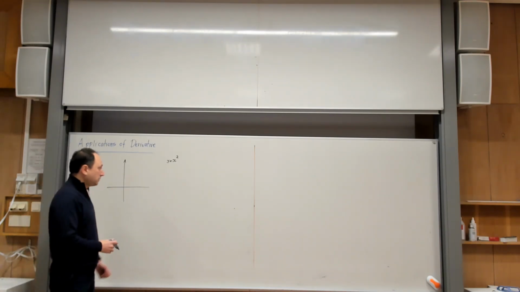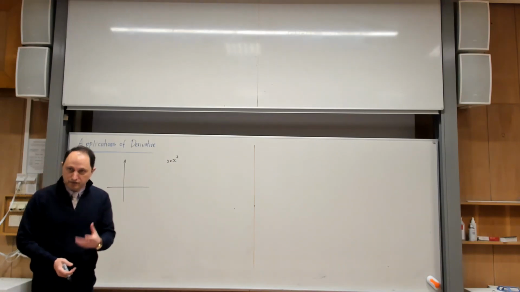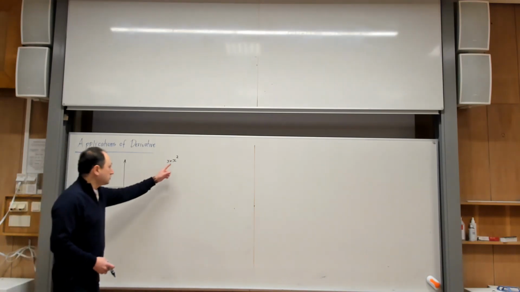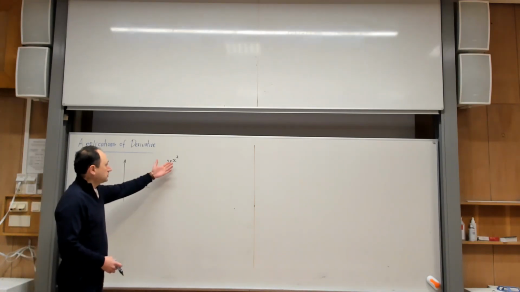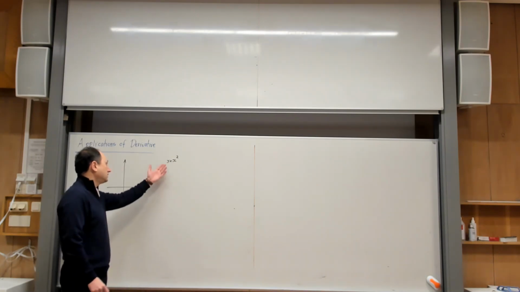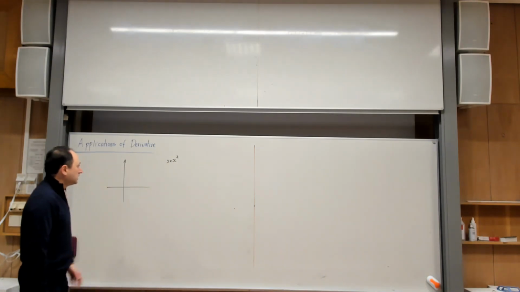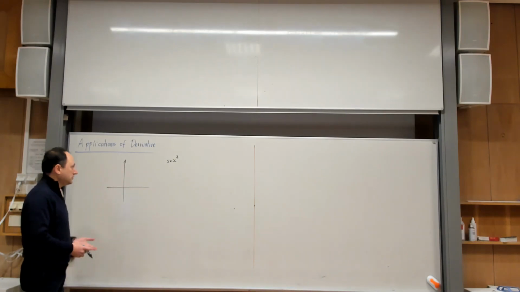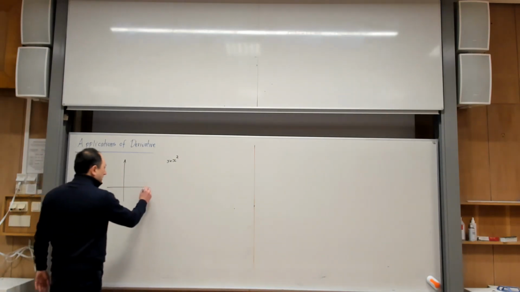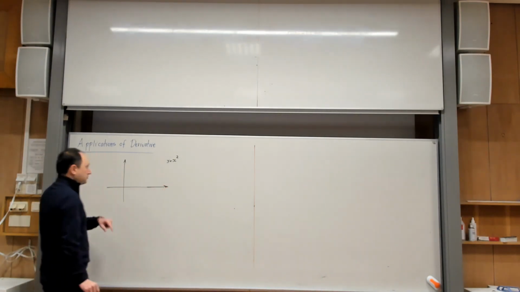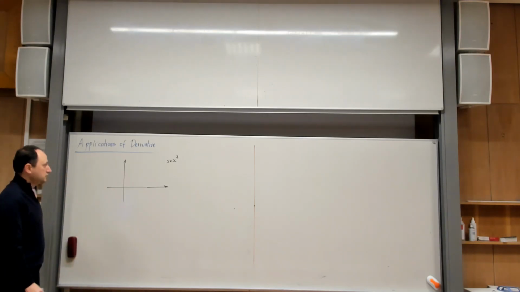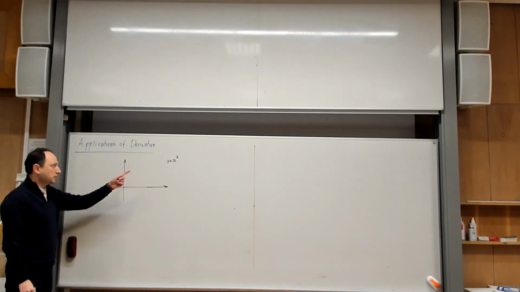But this is not possible because there are infinitely many of them. I can put x equals 1, I get y equals 1, I can put x equals square root of 2, I get y equals 2, and you can imagine infinitely many possibilities. It is clear that I will not be able to feed in all possible values for x to find the corresponding y.